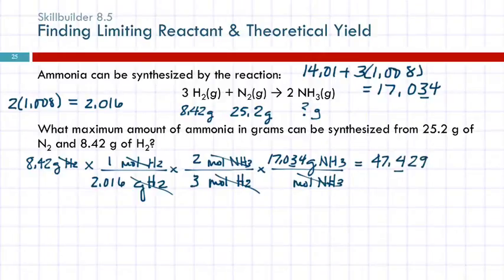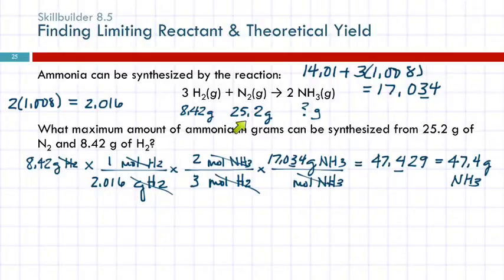I'm going to keep 3 significant figures, 47.4 grams of ammonia. Did I do that right? Anybody have a calculator? Check me because I make mistakes. I saw a thumbs up.